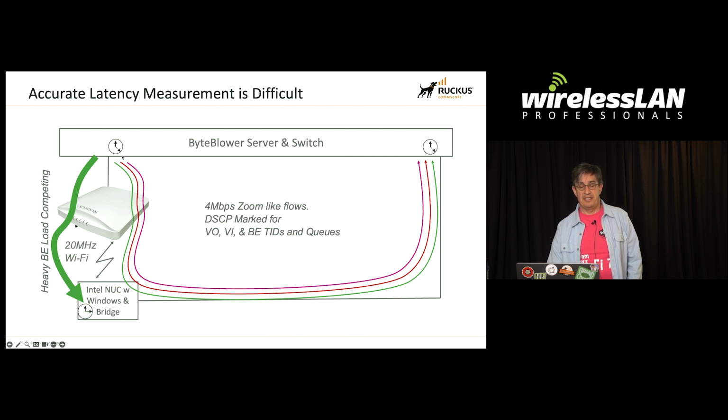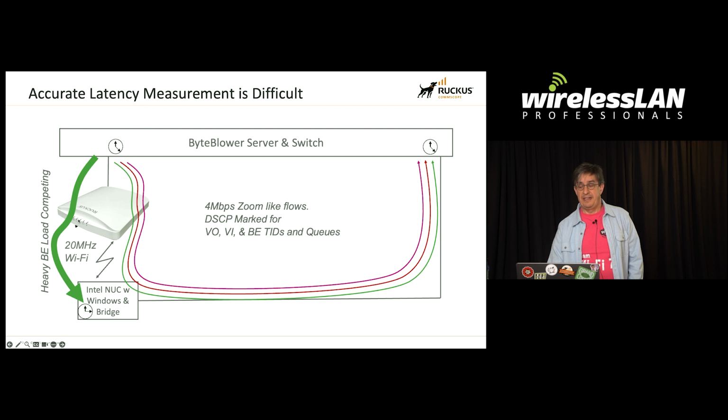We do that so that the same clock is used for sending and receiving the packet, so we can measure latency very accurately to about 1/10 of a millisecond. The flow that we don't care about as much, the best effort load, just gets terminated at an endpoint on the client. It is possible to measure the latency there, but these clocks aren't as well synchronized, so your latency measurements aren't that great there.